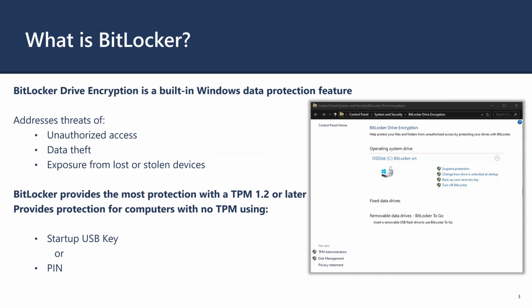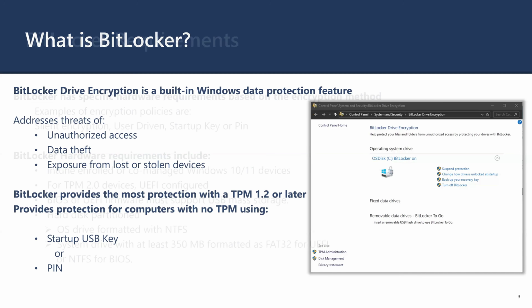There's something called a protector. I'm protecting BitLocker using certain elements, like a PIN, like a USB key, like a TPM protector. A protector is something that locks or unlocks something, and we'll look at that in depth.